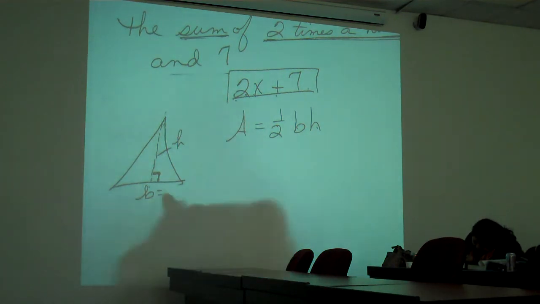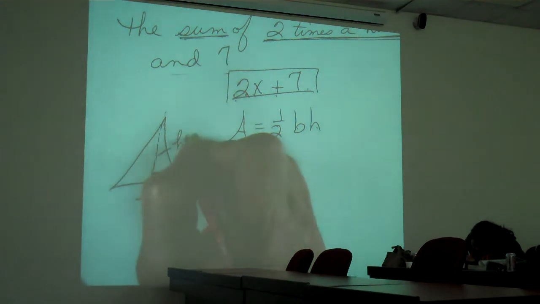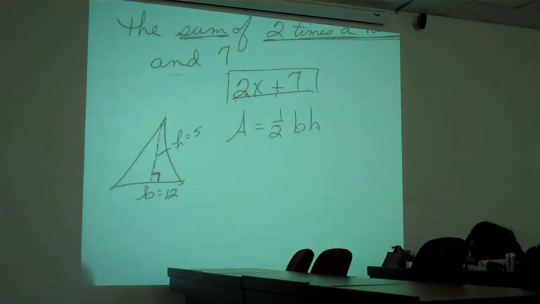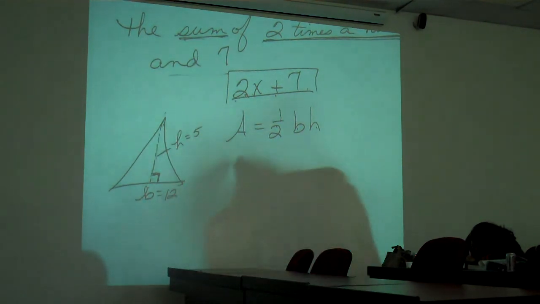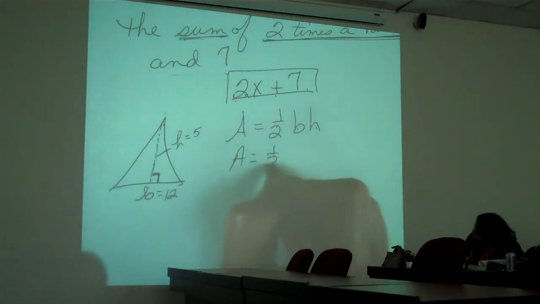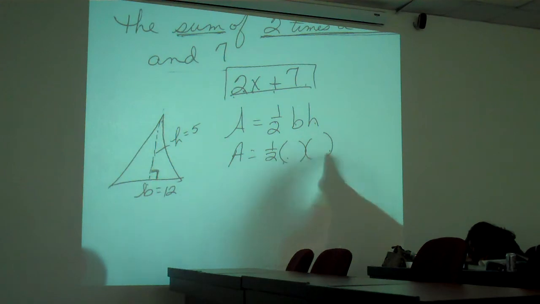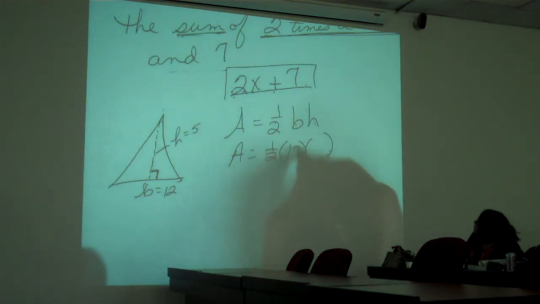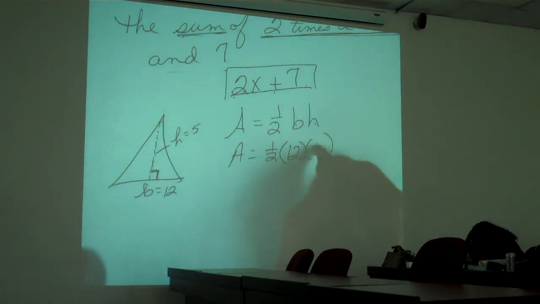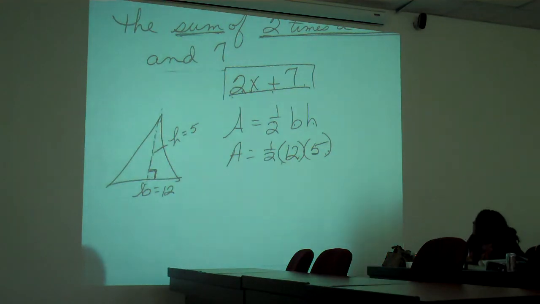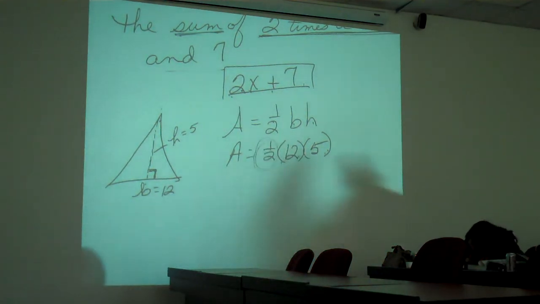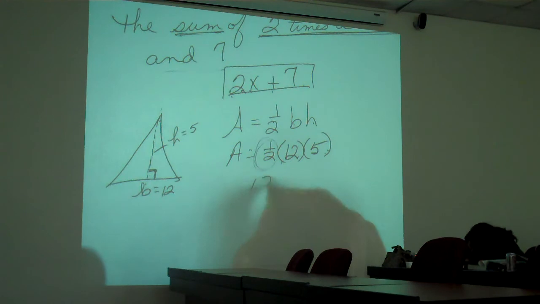Let's say the base is 12 and the height is 5. 1/2 base times height. You just plug in your numbers. Base is 12, the height is 5. Okay, 1/2 of something, what you could do is just multiply those two numbers and then divide by 2.